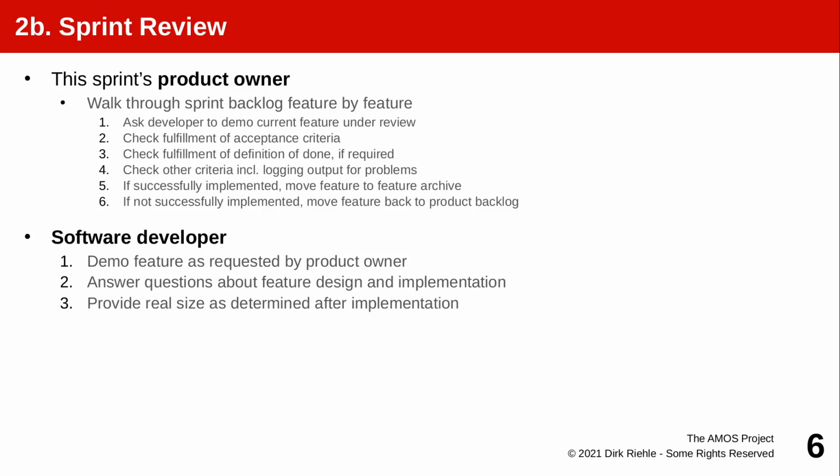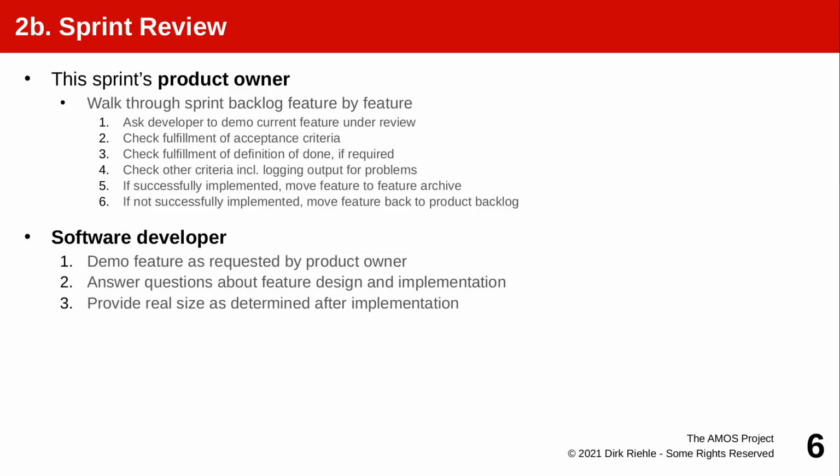Usually the original developer will demo, and a good product owner will then ask probing questions. Can you do this? Can you do that? And will basically, as a human tester, through the developer or by themselves, test the feature, whether it does what they said it should do and believe they agreed upon with the developers during the planning session a week ago. If everything seems fine, you check.